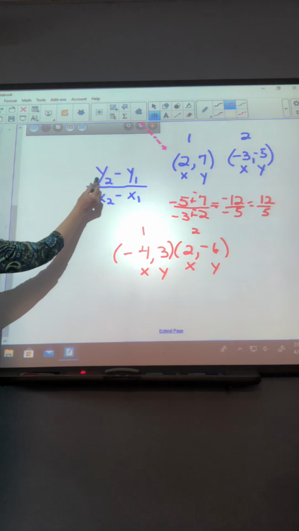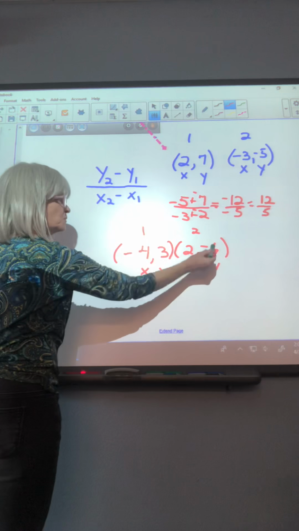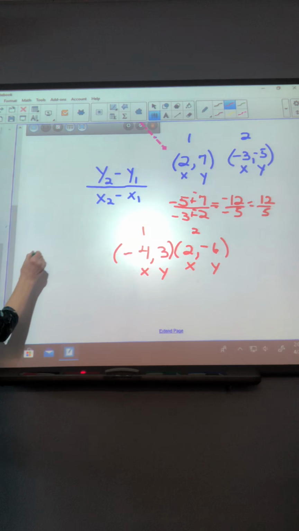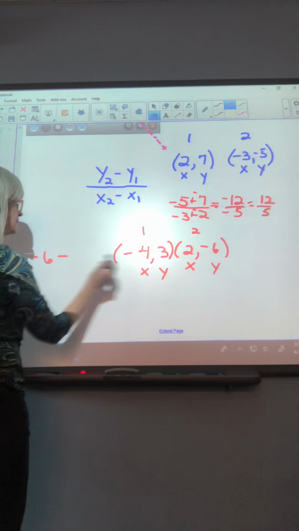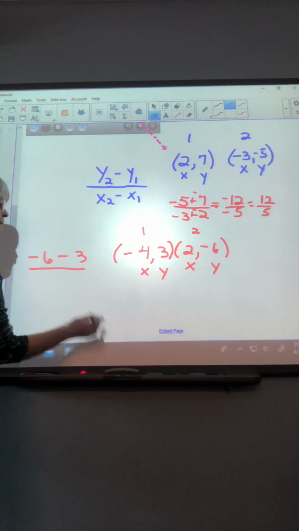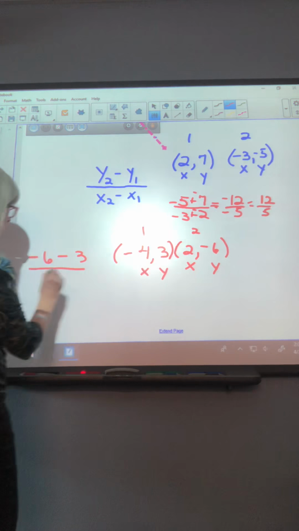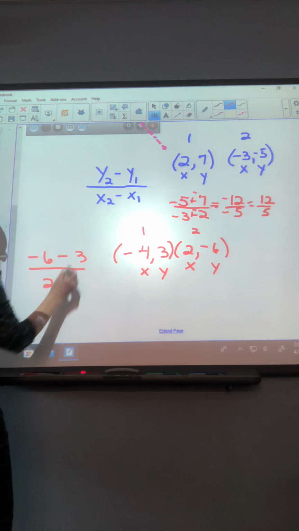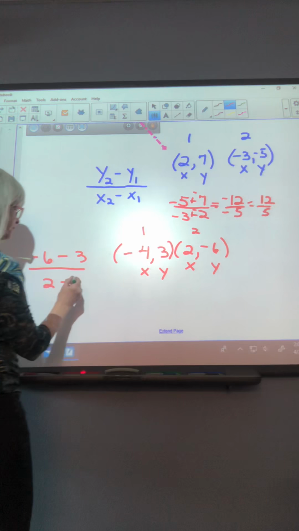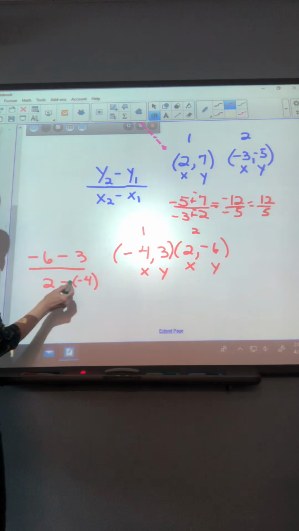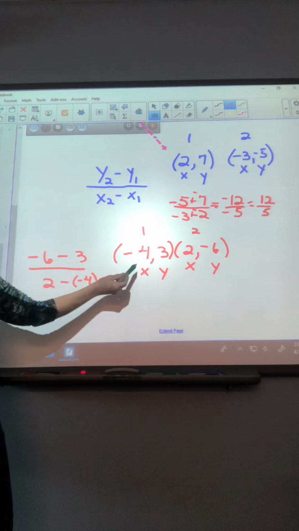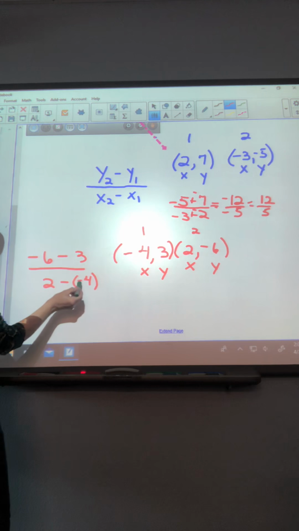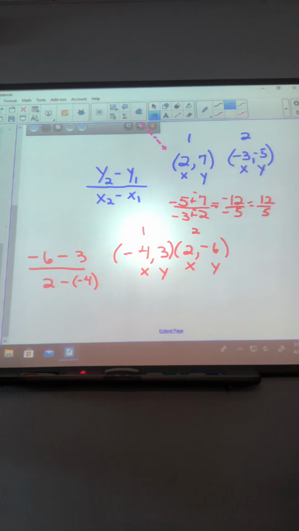So remember our equation says y2, so this would be y2, the -6, minus y1. y1 is 3. x2 is 2. Then we have the minus sign, a -4. This is a mistake sometimes students make, is this is subtraction and you're subtracting a negative, so you do need 2 negative signs there.